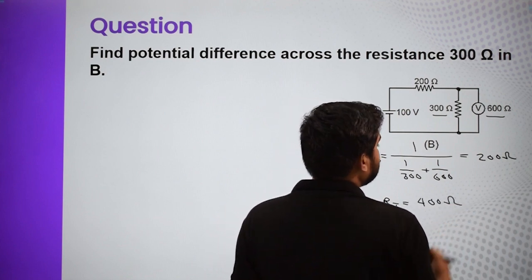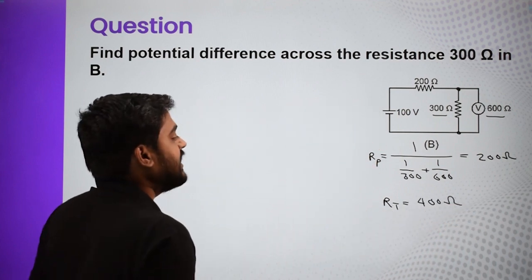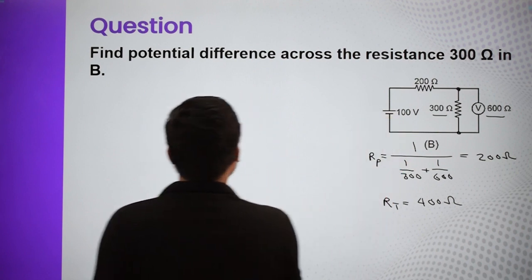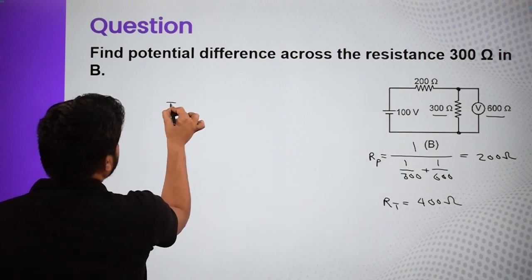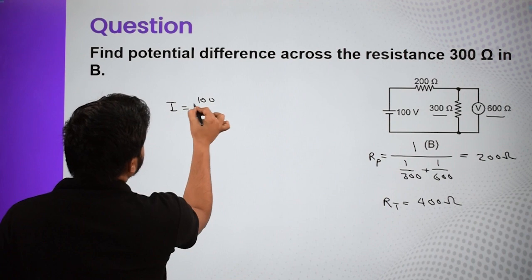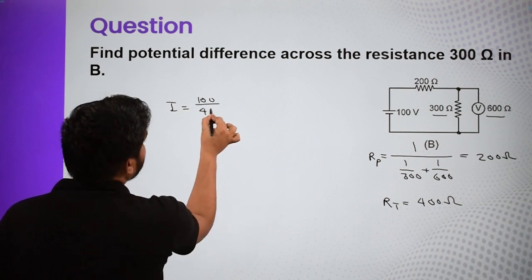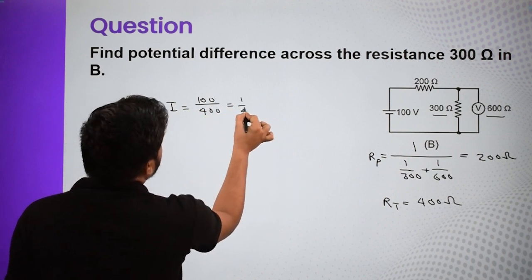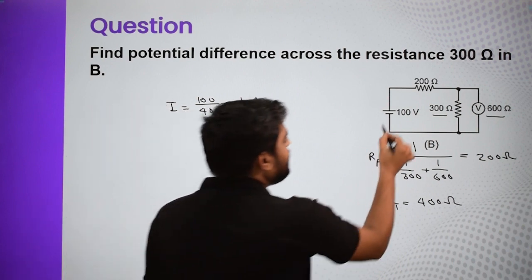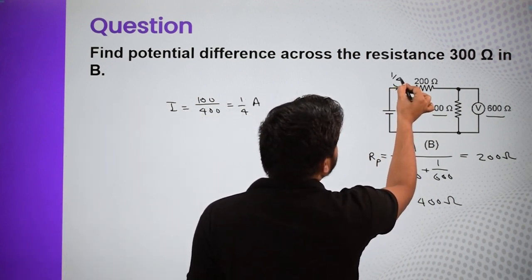That is 200 plus 200 in series. Now, I am finding the current. So current is basically V by R, and V is again 100 and the entire resistance is 400. That gives me 1 by 4 ampere.